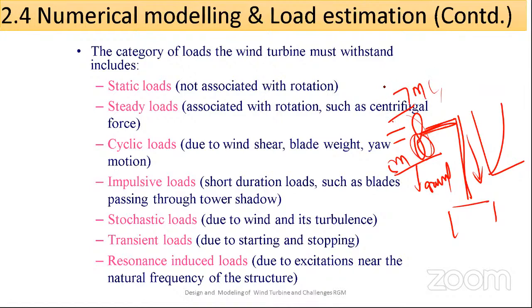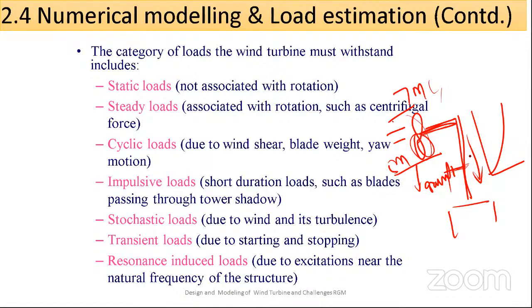Then short duration loads: when the blades are moving up and down, and a blade comes between the blades and the tower, it obstructs the flow of the wind. That will create cyclic loads, that is, impulsive loads, and also stochastic loads, the short-term fluctuation.